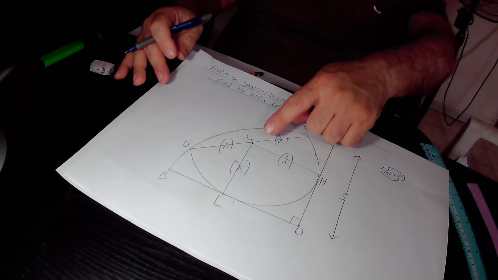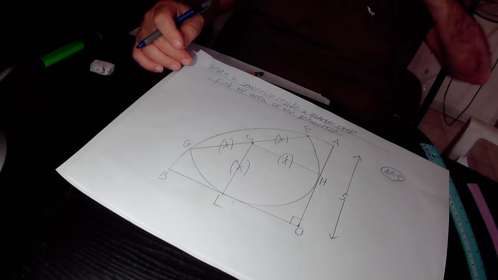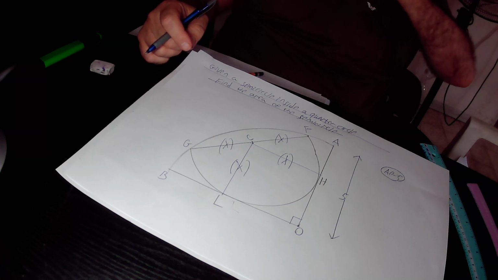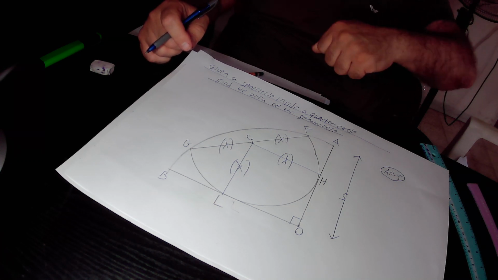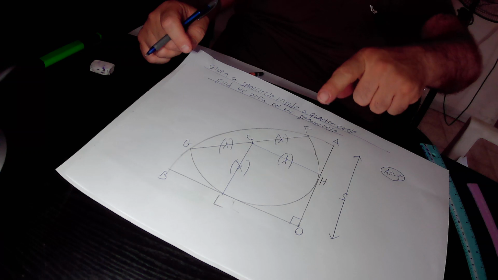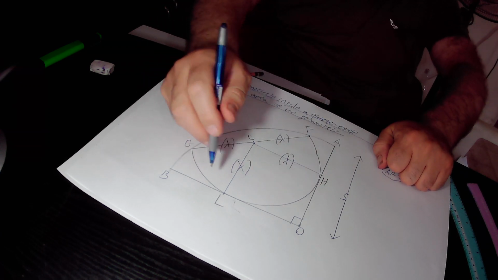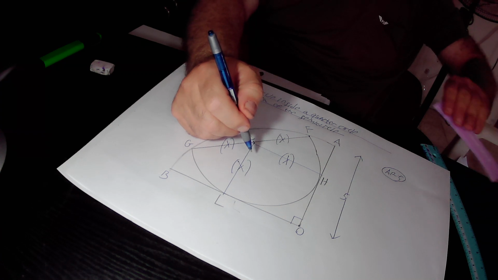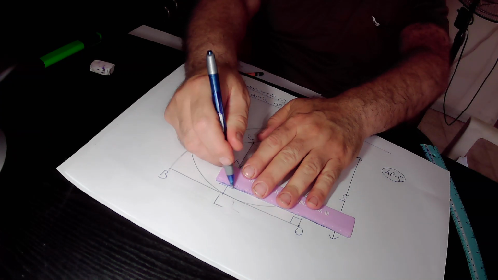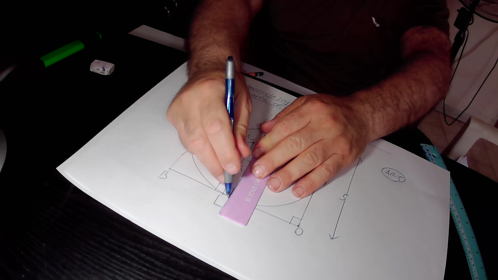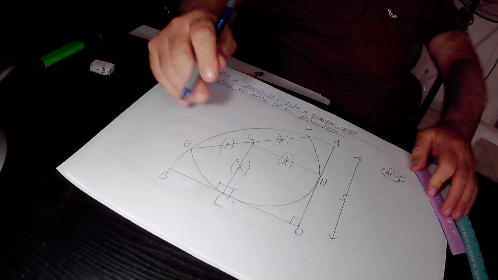The radius CL is drawn to point L, that is the point of tangency of tangent BO with this semicircle. And whenever a radius is drawn to the point of tangency, then tangent BO will be perpendicular to the radius LC. If BO is perpendicular to LC, it means that this angle equals 90 degrees. And this angle also equals 90 degrees according to rule 1.